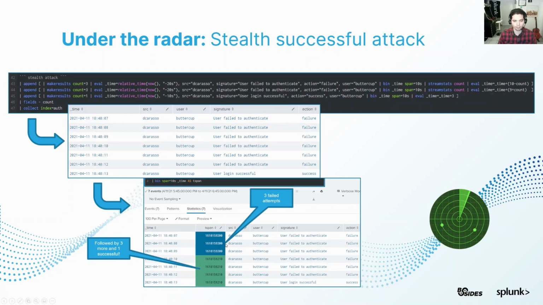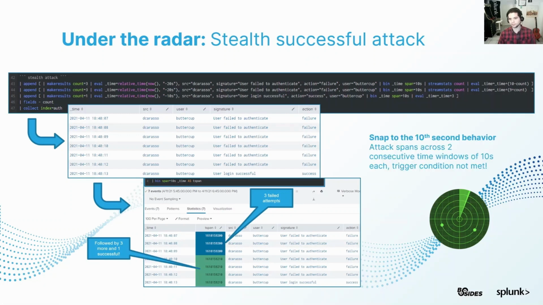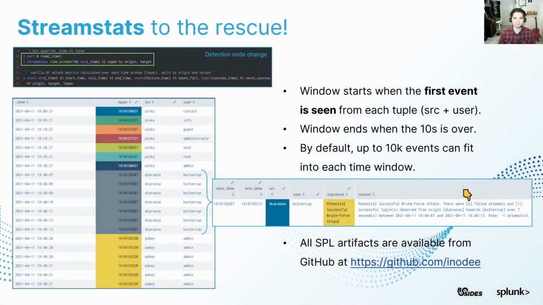Both of those time windows do not meet the threshold criteria, which is set to greater than 5, right? So this is why this goes under the radar. I'm just highlighting the snap to 10th second behavior, and the attack spanning across 2 consecutive time windows, right?